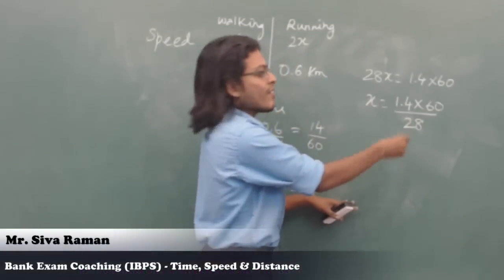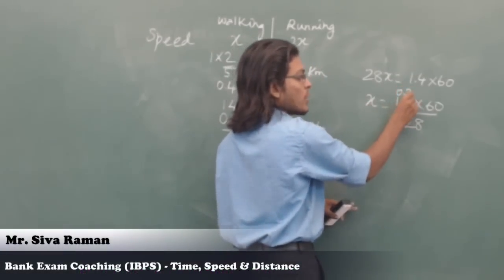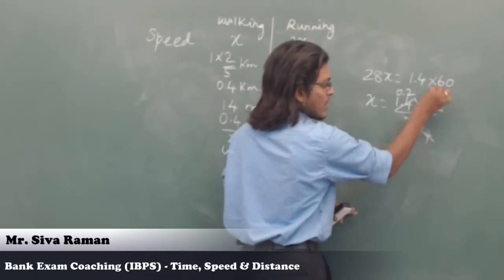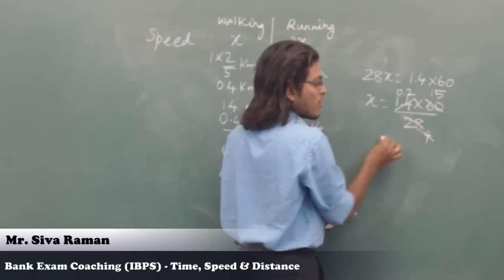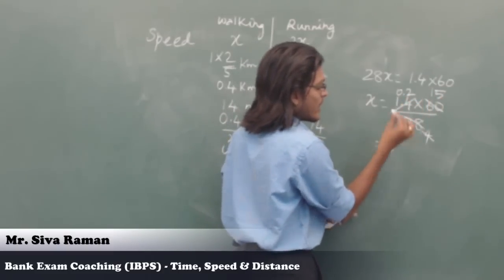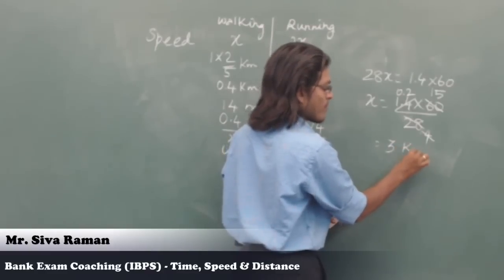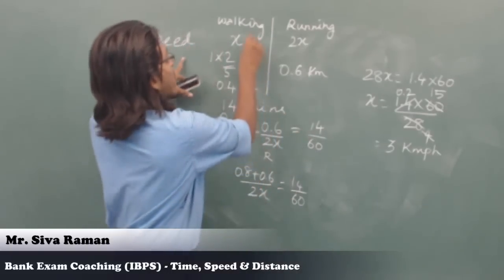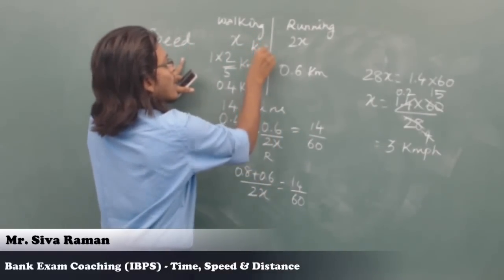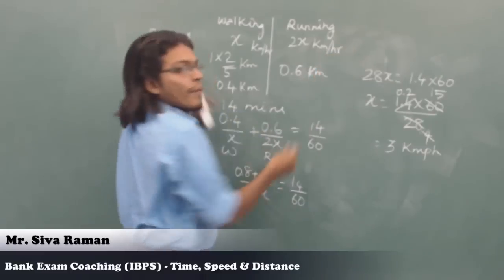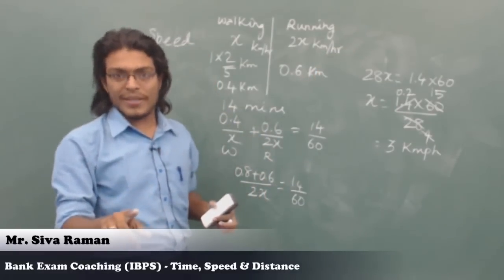We will cancel it by 7. This will come to 0.2 and this will come to 4. If we cancel this and this, it is 0.2 into 15. 2 15s are 30, and one decimal point, it is 3 kmph. Remember the units, the speeds we took are both in kilometers per hour.